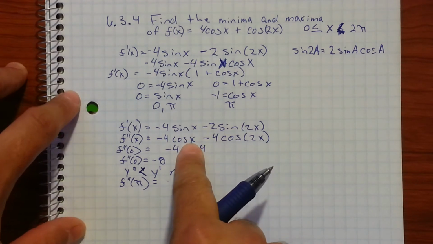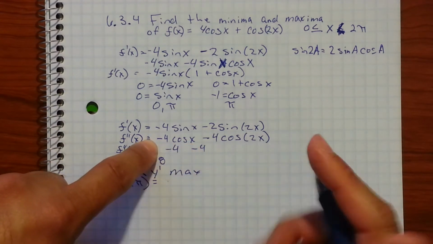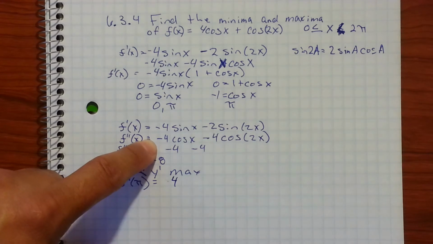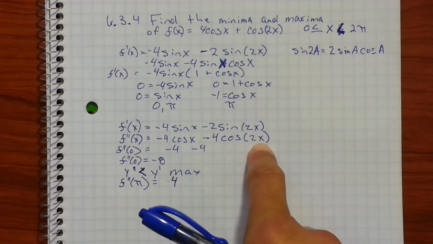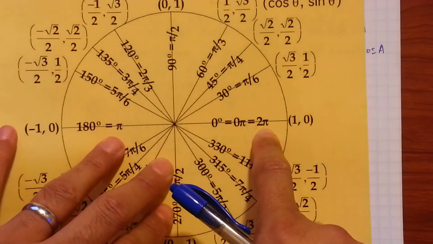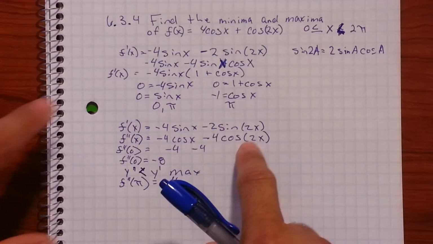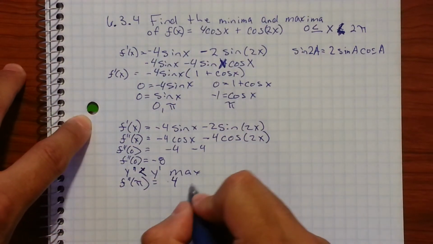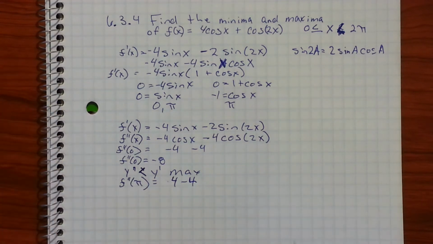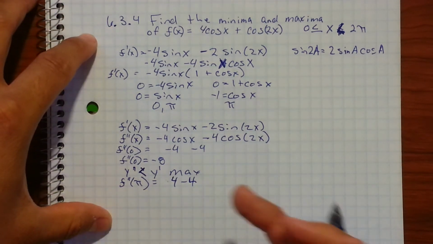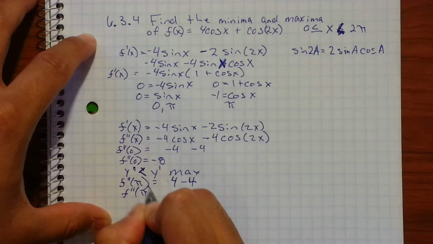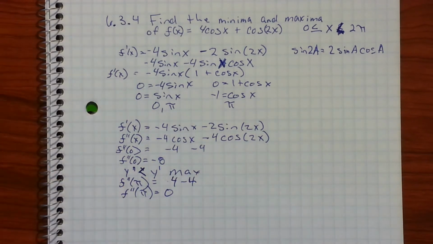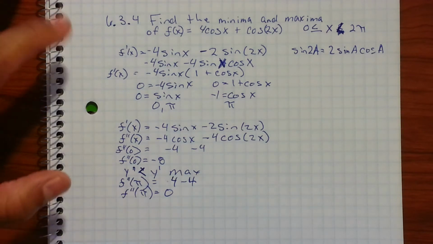So I'm going to have -1 times -4, which gives me a +4. Now right here, when I plug in pi, I'm going to get 2 pi. Cosine at 2 pi is going to be +1. So now I have +1 times -4, -4, and so that's going to give me 0. Ouch, I got some issues on this one.